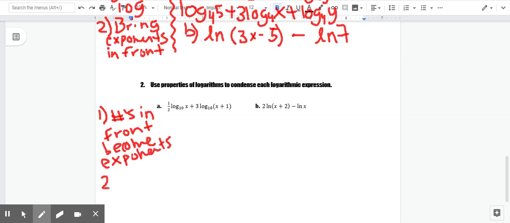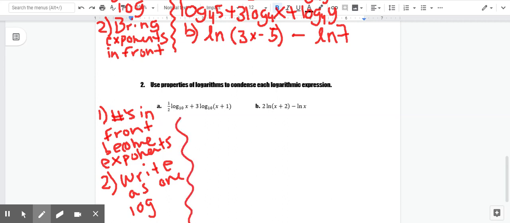And then the second part is we write everything as one log. So those are going to be our steps when we are condensing.